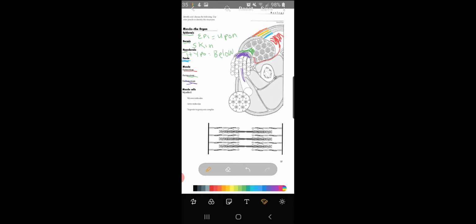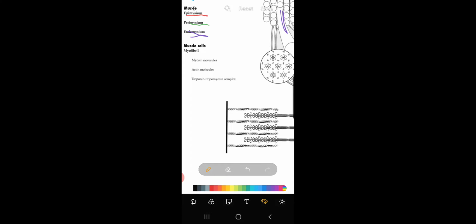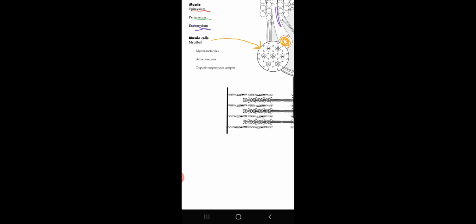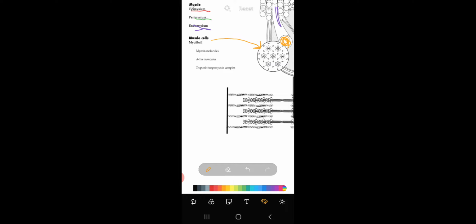Now we get to a little bit more of an interesting discussion. I don't know that I actually have print-offs for this, but we'll see if I do. When we get down to the individual muscle cells, let me find a good color here, orange. If you look through a microscope at one of these muscle fibers, if you were to cut it and look at what each individual muscle cell contains, we have a breakdown here.